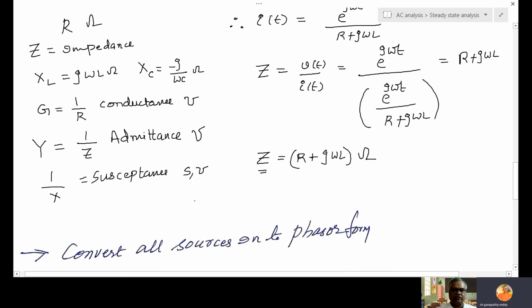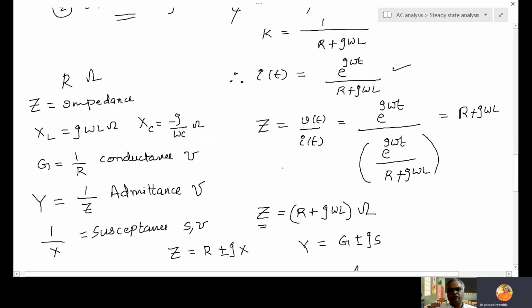So we can write Z as R plus or minus jX, and we can write Y as G plus or minus jB. So Y is expressed like this, Z is expressed like this.